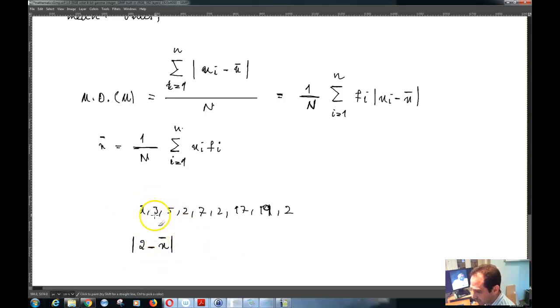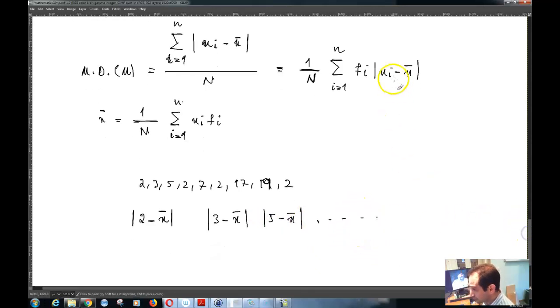Again, for 3 you do the same thing: 3 minus x bar, take the absolute value. You have 5 minus x bar, take the absolute value, and so on and so forth.